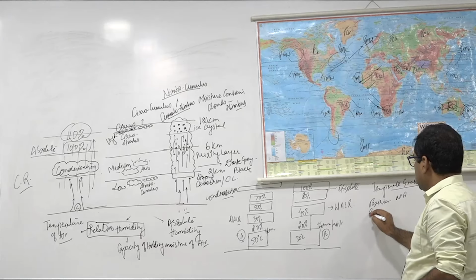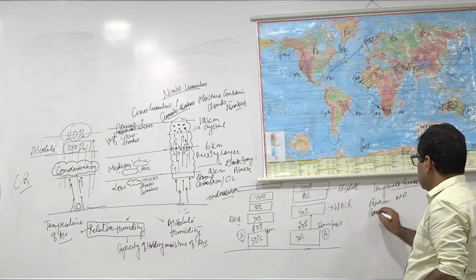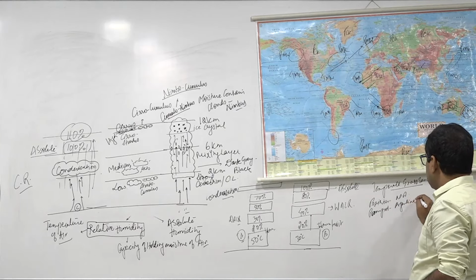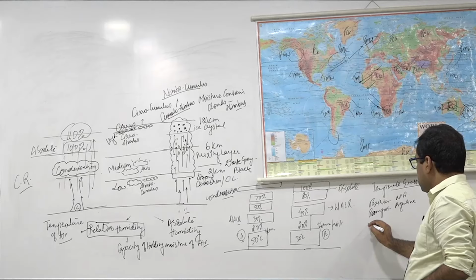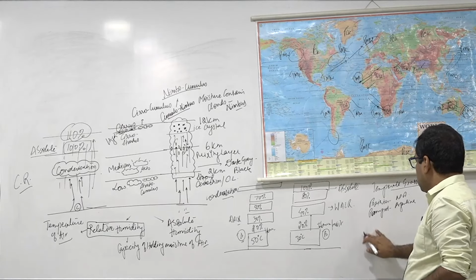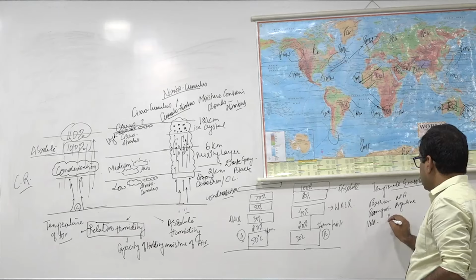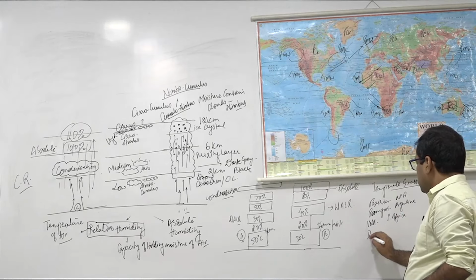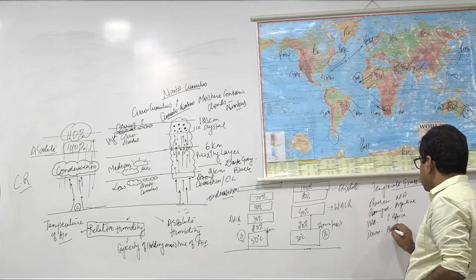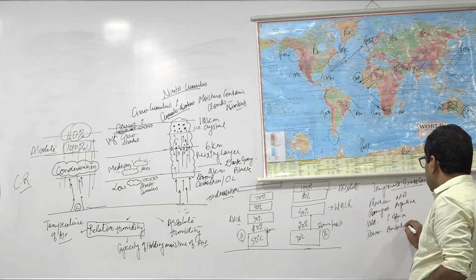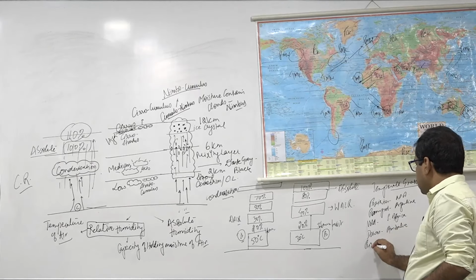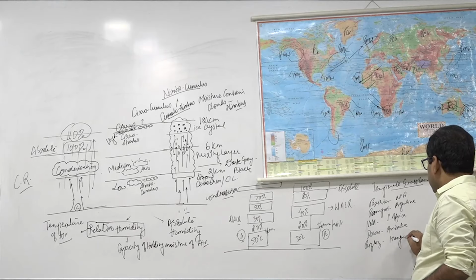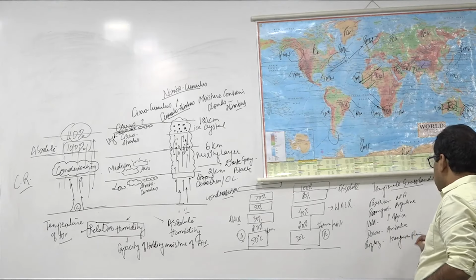This is called pampas in Argentina. This is called veld in South Africa. This is called downs in Australia. It is called pustas in the Hungarian plains, right?